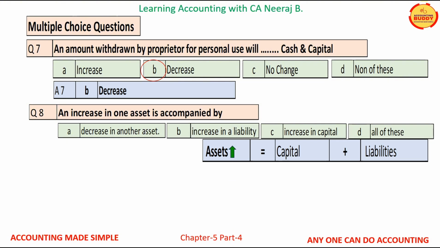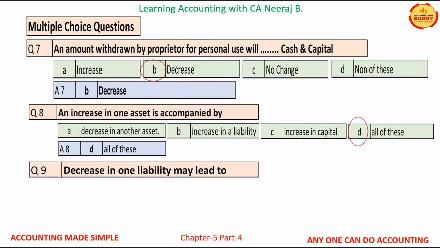If an asset is increased, the accounting equation will be balanced if another asset is decreased by the same amount. Another option could be if the liability is increased by the same amount. And the third option could be the capital is increased by the same amount. Therefore, in this case, option D is the correct answer.